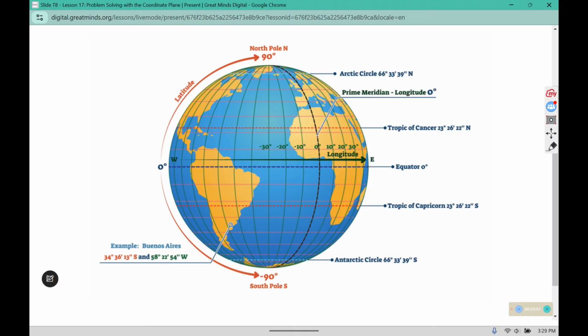We also have some kind of coordinate system for our globe. We have this diagram of the Earth, and we have lines of latitude, which run east and west. And lines of longitude, which would go north and south.